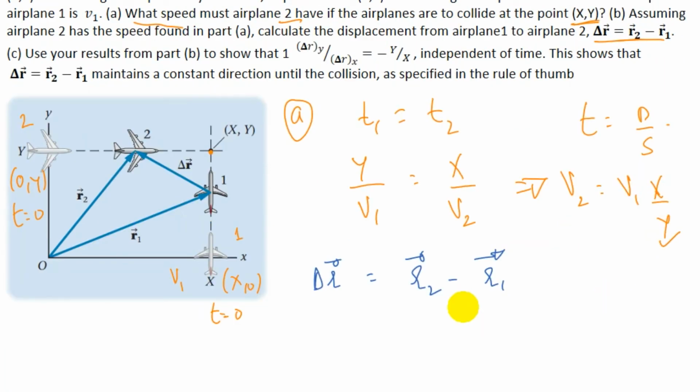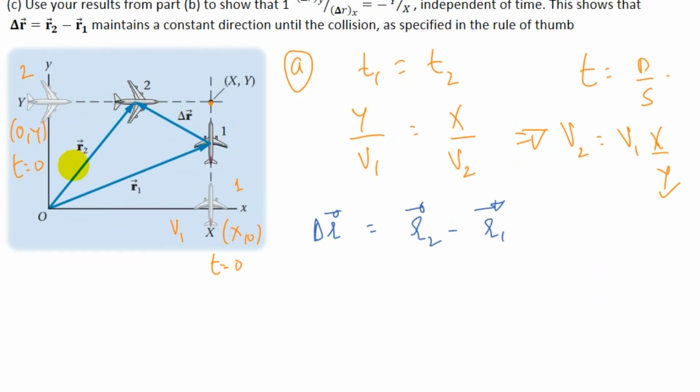The position vector r2 has an x component and a y component. The x component varies with time; the speed is v2, so v2 times t, x cap, and the y component remains the same, that is y, y cap.